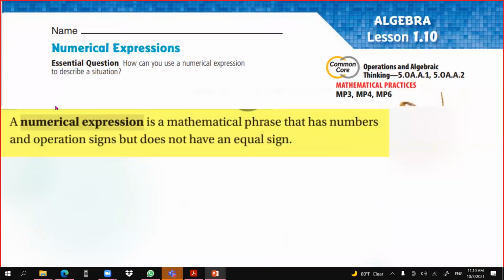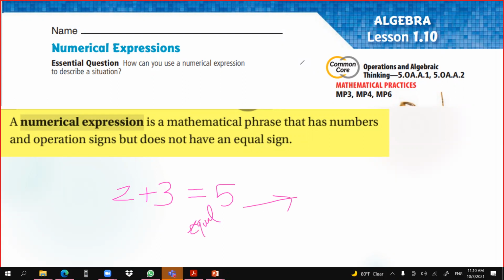Now, what do I mean by numerical expression? Before talking about expression, you have to know what we call this one. This is a number, is it right? And when you add it to another number, what do you say? You say 2 plus 3 is 5, or equals 5. 2 plus 3 equals 5.